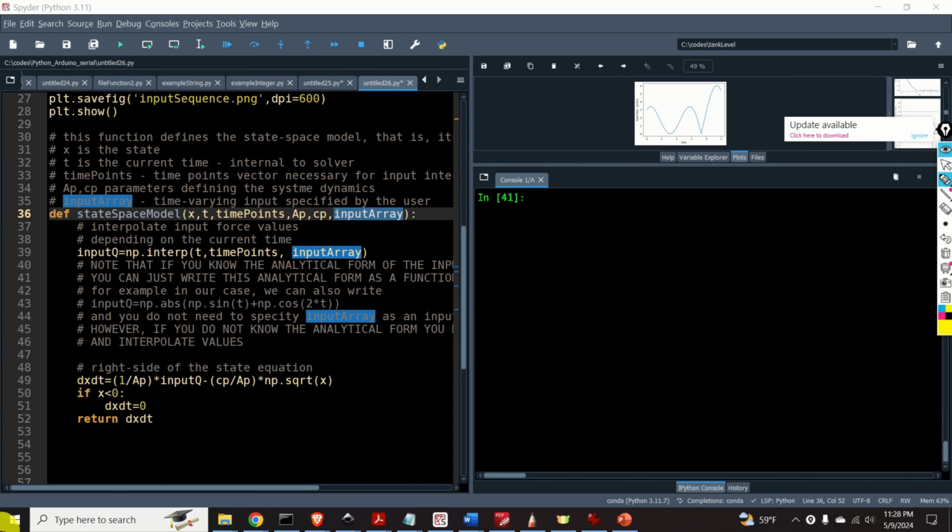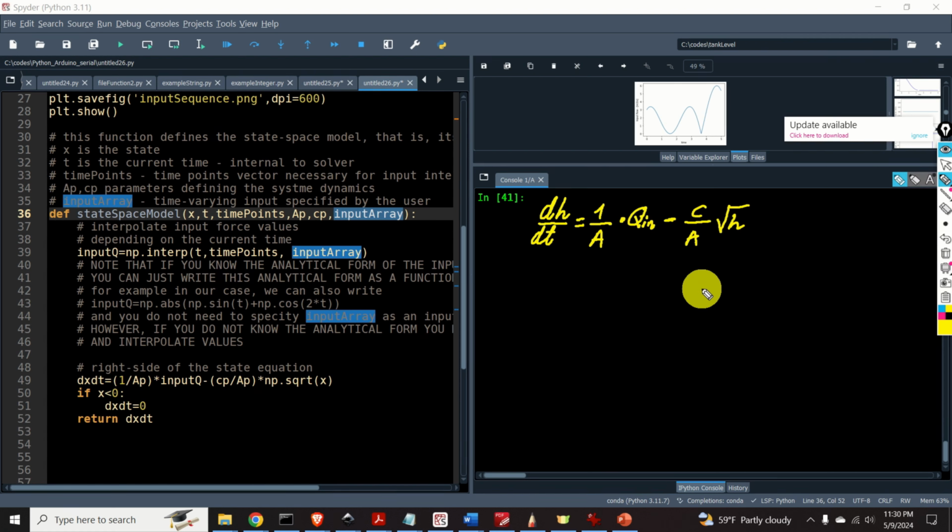First, let us briefly revise our differential equation. Our differential equation has this form: dh over dt is equal to 1 over A multiplying Qin minus C over A multiplying square root of h.